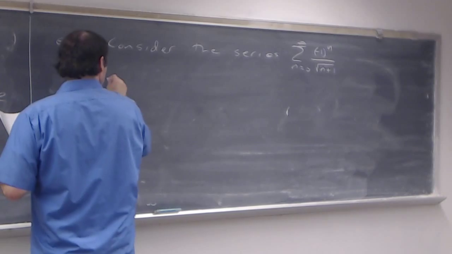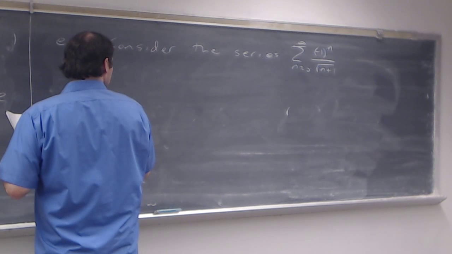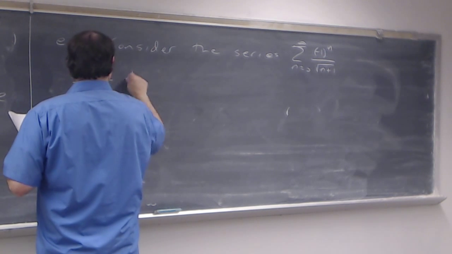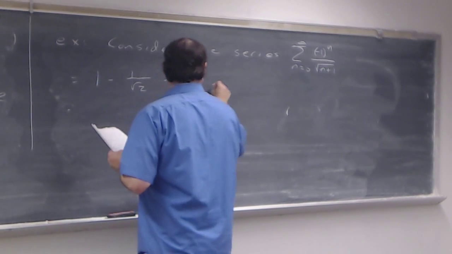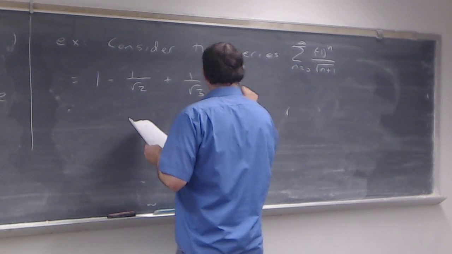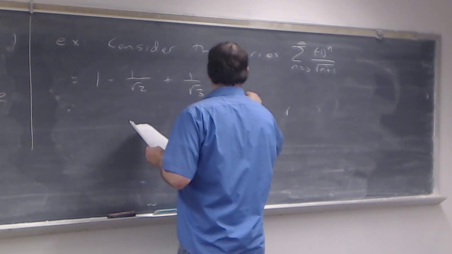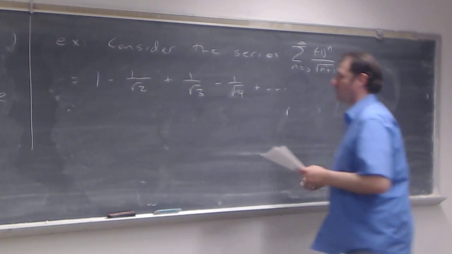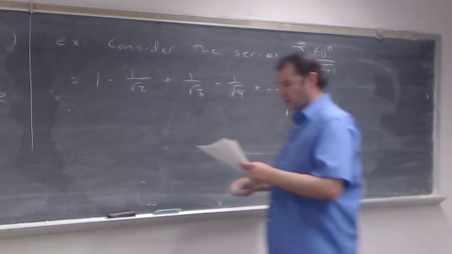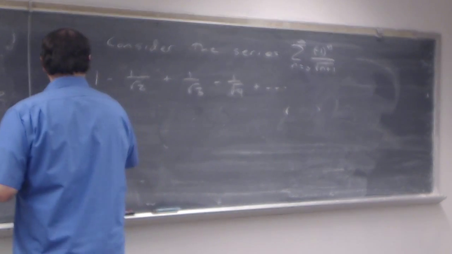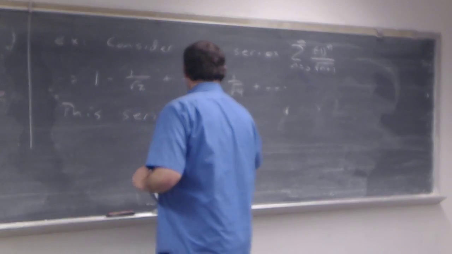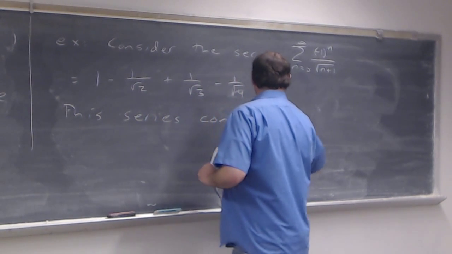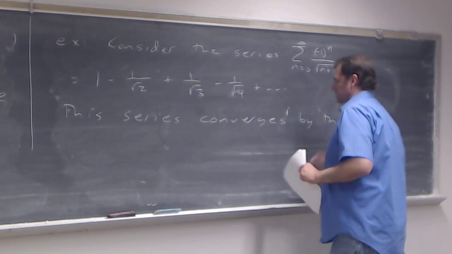So this will be equal to 1, then minus 1 over the square root of 2, and then plus 1 over the square root of 3, then minus 1 over the square root of 4, and so forth. This series converges by the alternating series test.